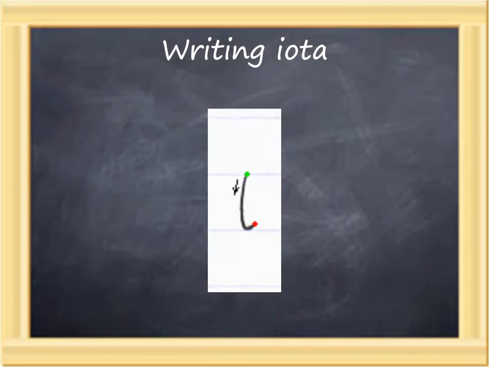The iota looks like the I in English with a little tail. Please note, in Greek, one does not dot their I's. That's one that beginning students often make a mistake on until they learn. Practice writing iota, this half-sized letter.